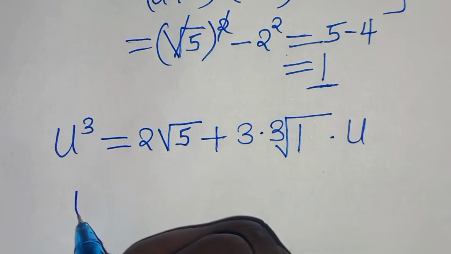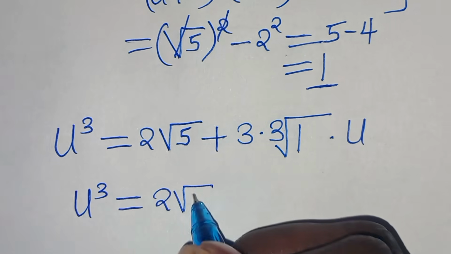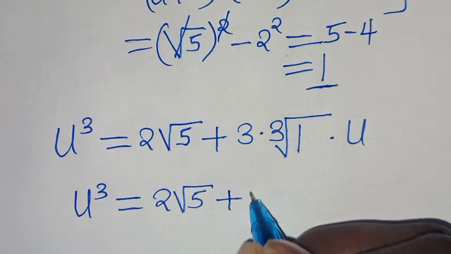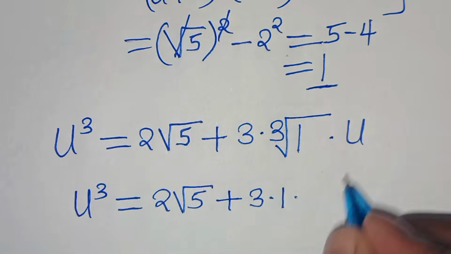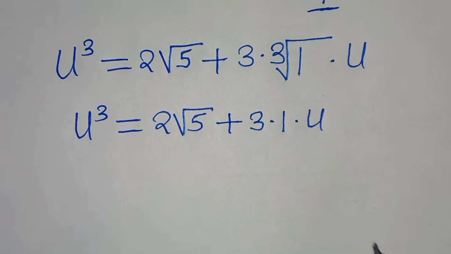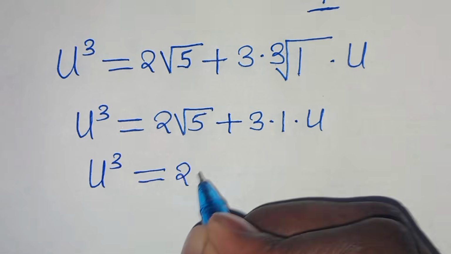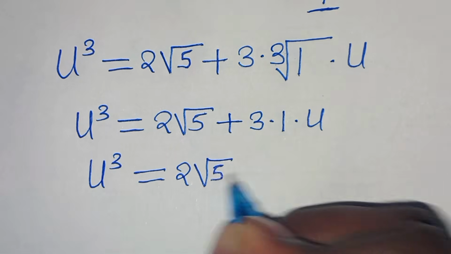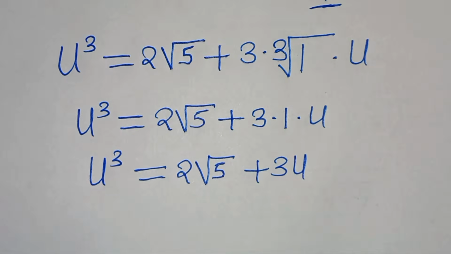The cube root of 1 is 1, so we have u to the power of 3 equal to 2 square root of 5 plus 3u.